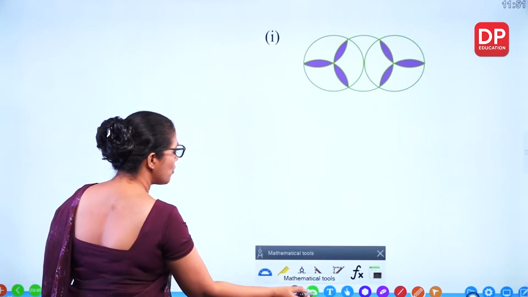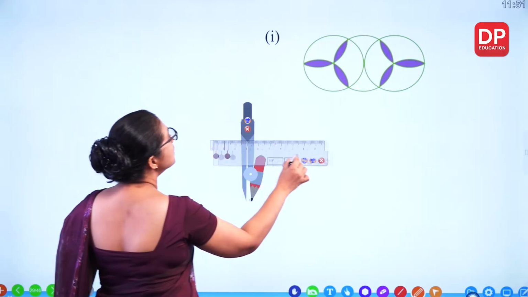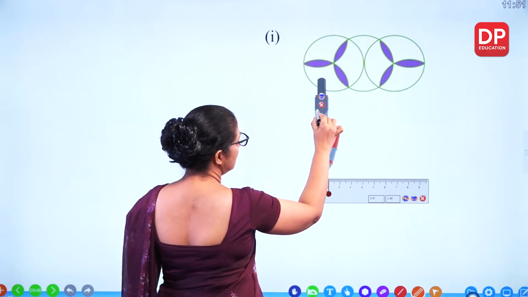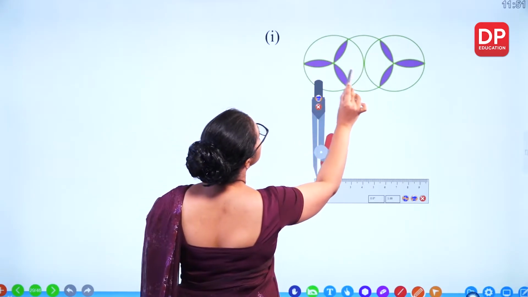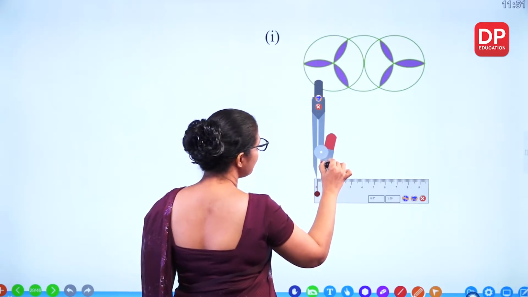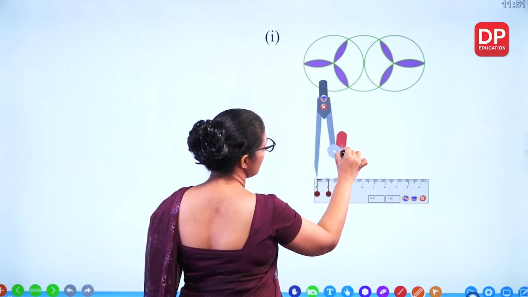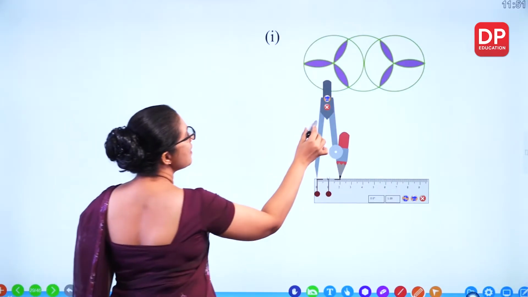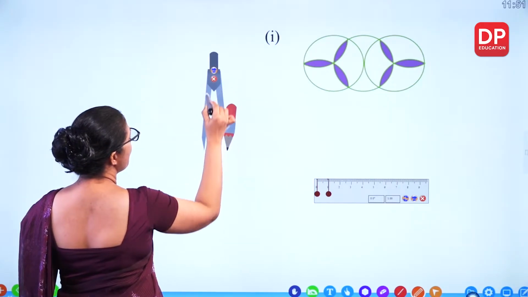So first we'll do that. I'll take here 2 centimeter for the radius, and draw the circle.